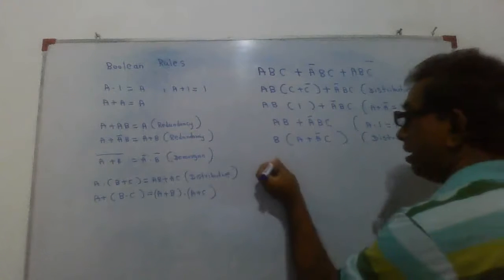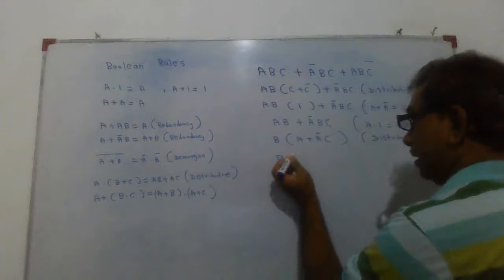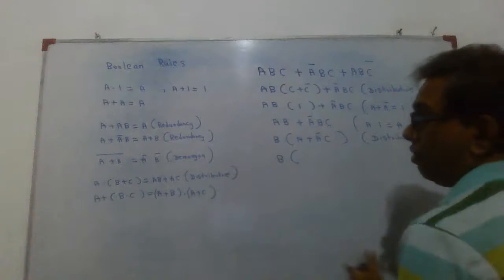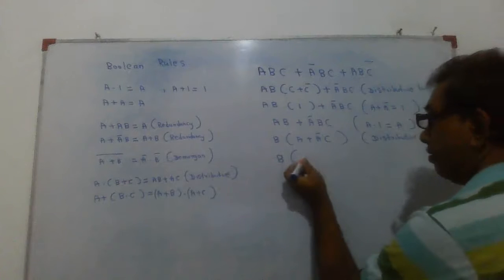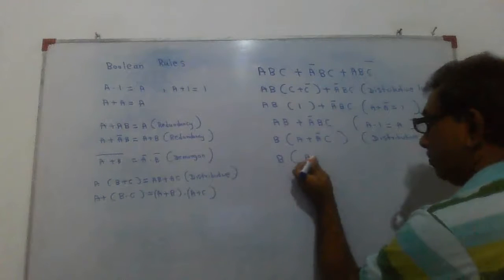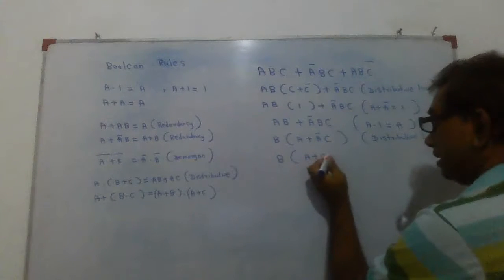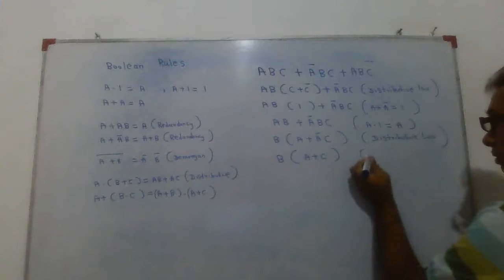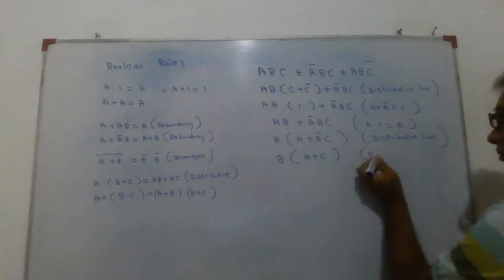If we apply redundancy law here, B is out of the term. A, or A bar and B means A, or B. So it will change as A, or C because of redundancy law. So we say redundancy law.